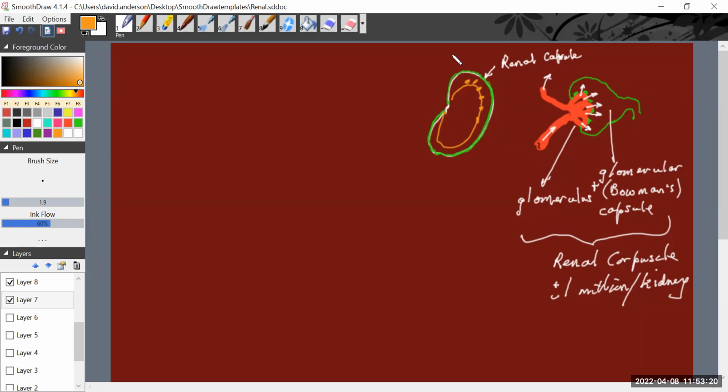It will protect the soft tissues of the kidney. The soft tissues of the kidney are the cortex and the medulla. In the cortex, the majority of nephrons are going to be located, which is made up of a renal corpuscle and the renal tubules.